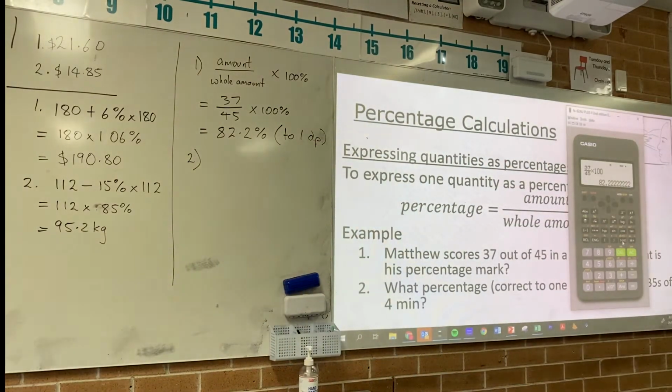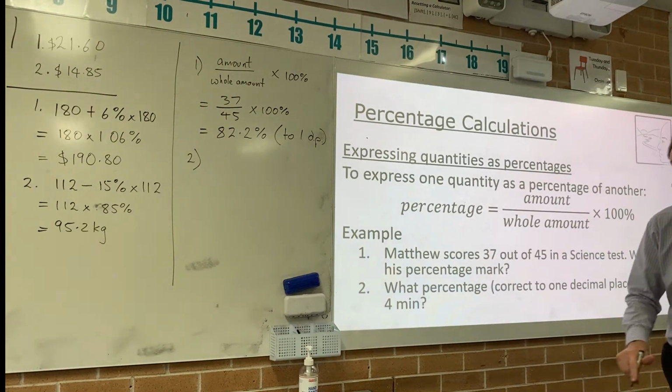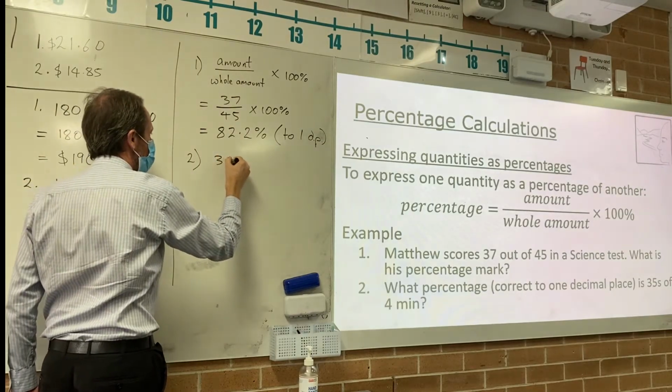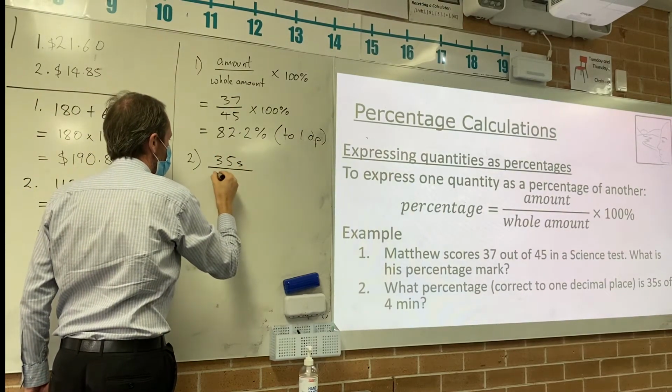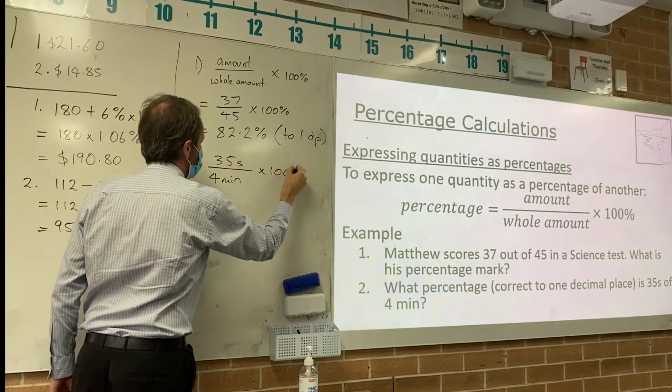All right, let's have a look at question 2. This one's a bit more specific. What percentage, correct to one decimal place, is 35 seconds of 4 minutes? So we write our amount, 35 seconds, over our whole amount, which is 4 minutes, times 100%.